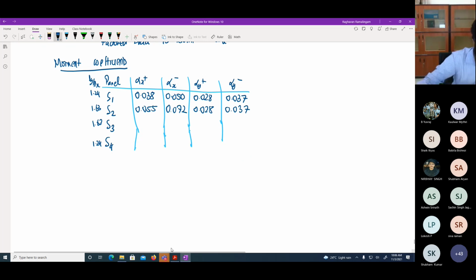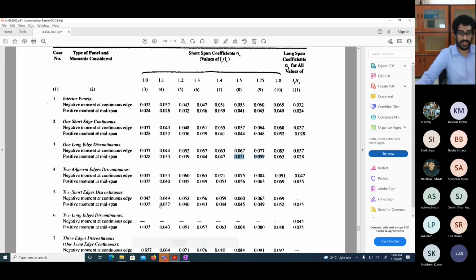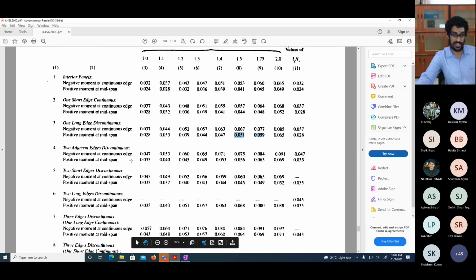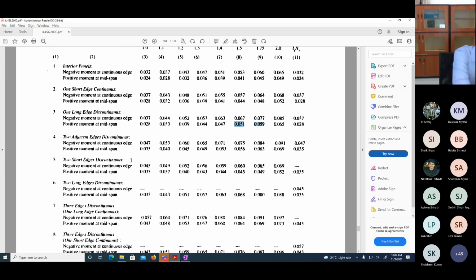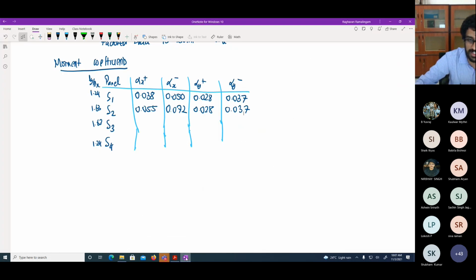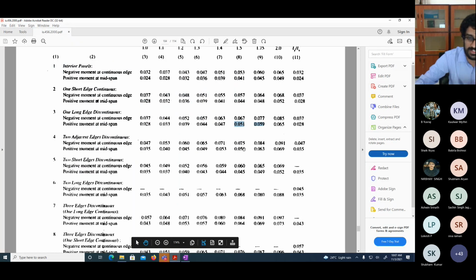Then we have S3. What is S3? What category is S3? Adjacent edges discontinuous.